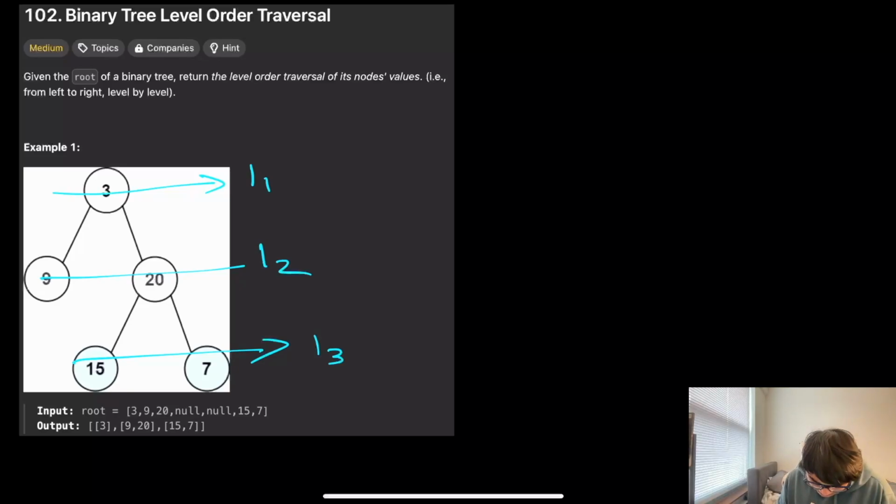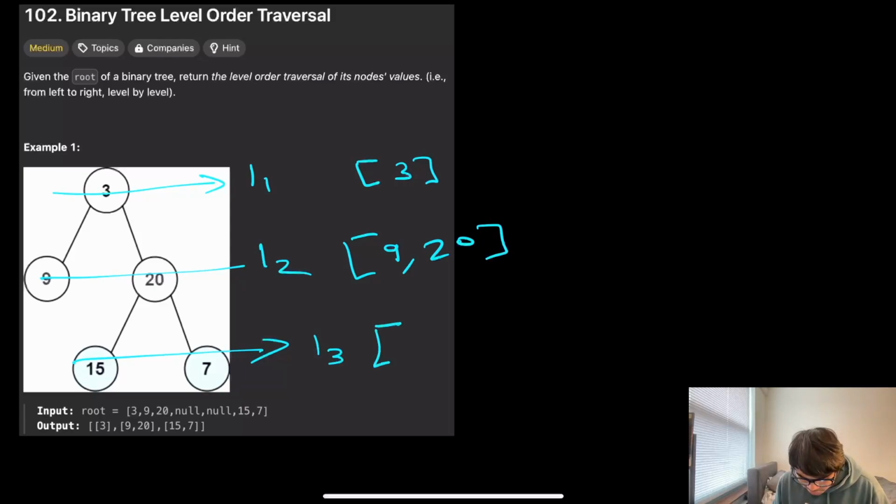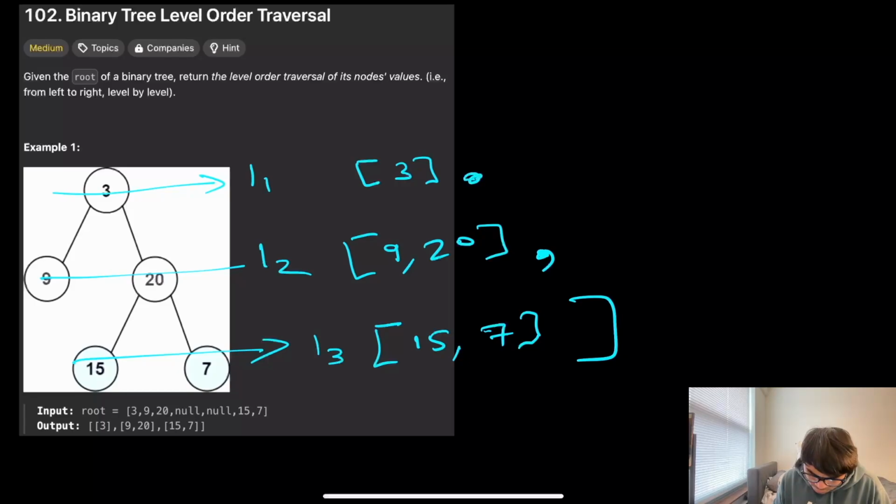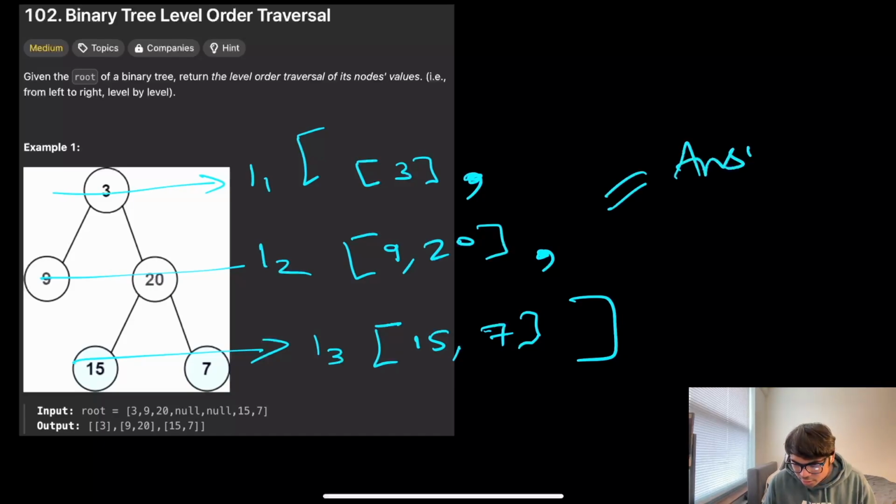On our first level, we're going to add that value to a list, and in the second level we'll be adding those values to another list, and then on the third level we'll be adding all the values from left to right to our third list. And the way we'll be returning all of the lists is as another list of lists, and that's it. That would be our answer.